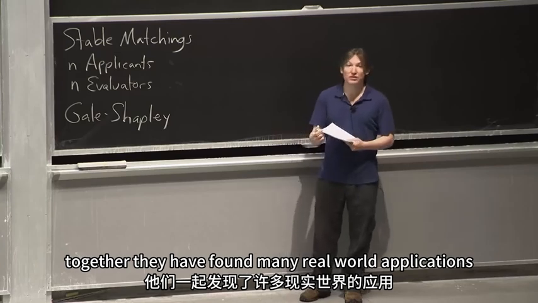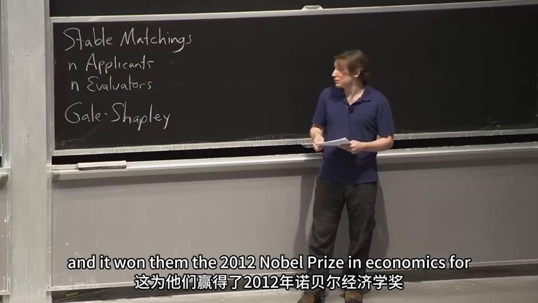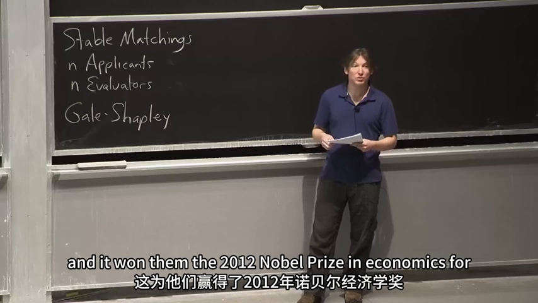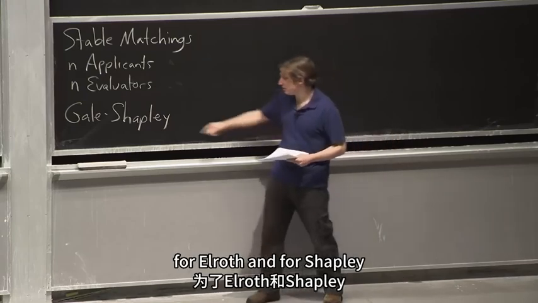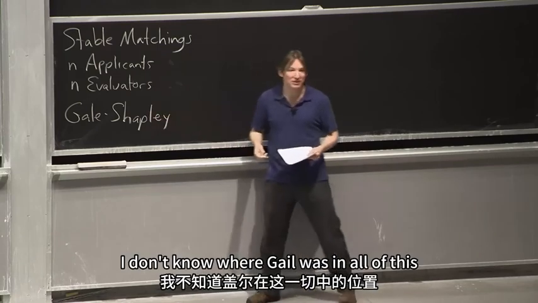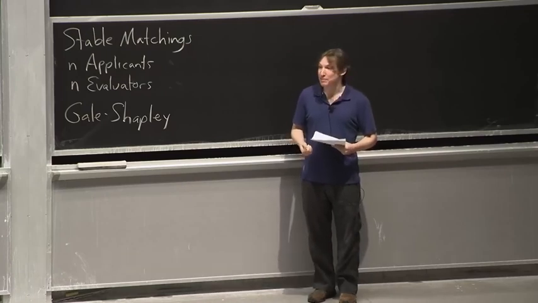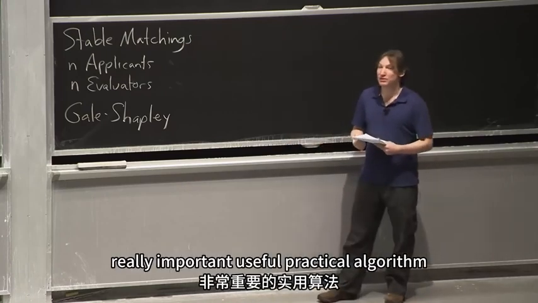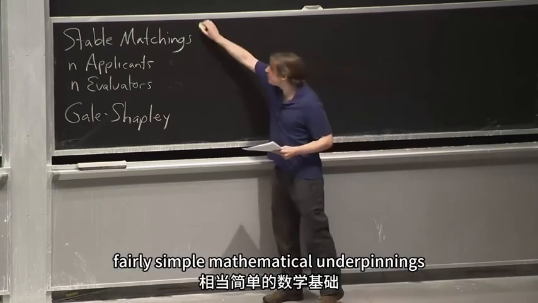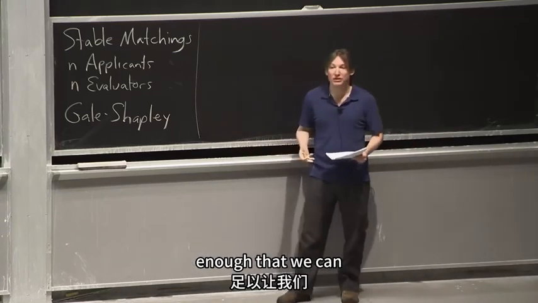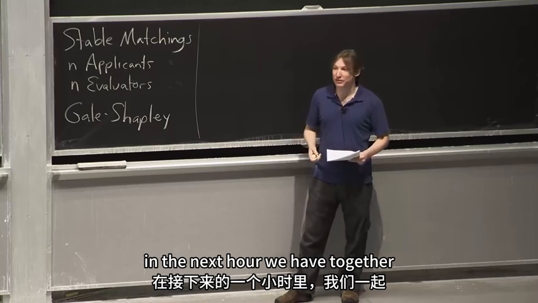Together, they have found many real-world applications and improvements, and it won the 2012 Nobel Prize in Economics for Roth and for Shapley. I don't know where Gale was in all of this. I don't think he got the prize as well. Anyway, it's a really important, useful, practical algorithm that has fairly simple mathematical underpinnings, enough that we can describe it, analyze it and prove things about it in the next hour we have together.